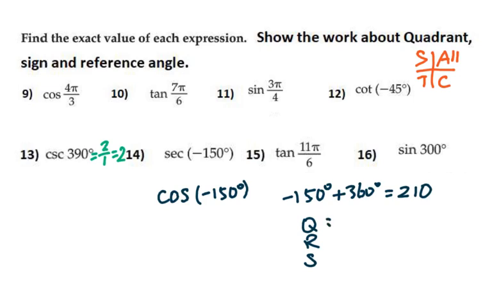We know that's a third quadrant. Reference angle 210 cannot be divided by 60, but it's divided by 30, so we do 30 degree. Sine for cosine third quadrant will be negative. So I will write down negative cosine 30 degree, which means negative square root of 3 over 2.